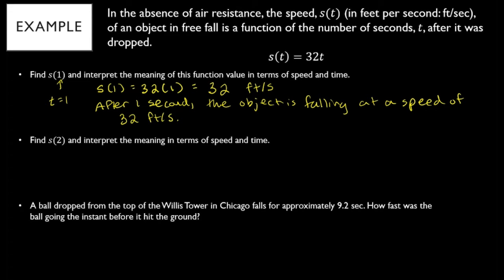So now we want to find s of 2 and then interpret the meaning. So now t is going to be 2. So s of 2 is equal to 32 times 2, which gives us 64. And again, our units are feet per second.